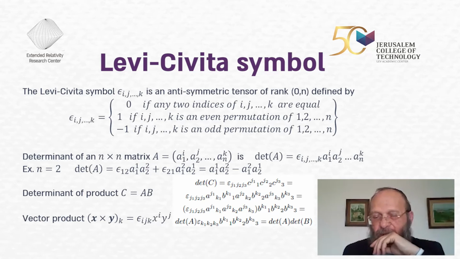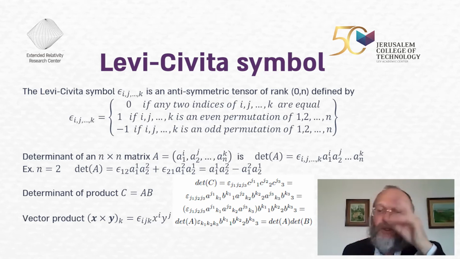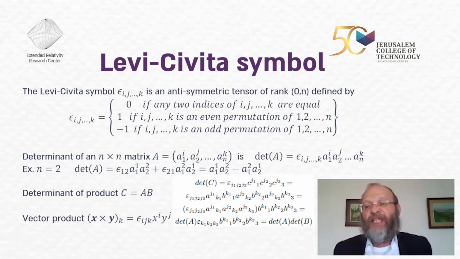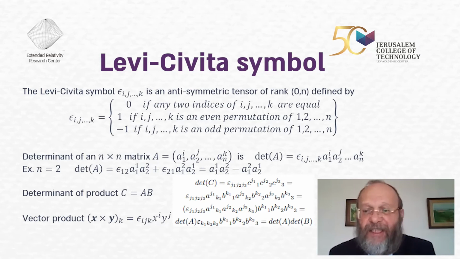Apply Levi-Civita to them, and you get not a vector, it's a covector. We were used to having a vector, but the vector product is a covector. If you check what happens with the transformation, it does not transform as a vector. And you will see later, for example in electromagnetism, such an expression occurs for the magnetic field.